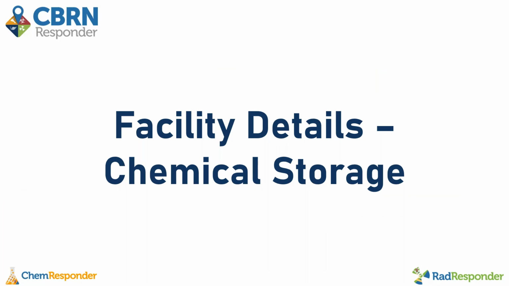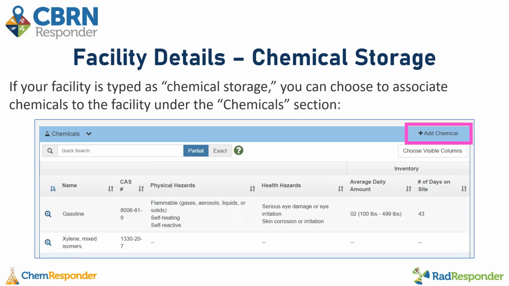If you choose for your facility to be typed as a chemical storage facility, you'll have some additional details that you can add. So here, under my facility detail section of a chemical storage facility, I am now going to have a chemical section, which again, this will not be available if you do not type your facility as chemical storage.